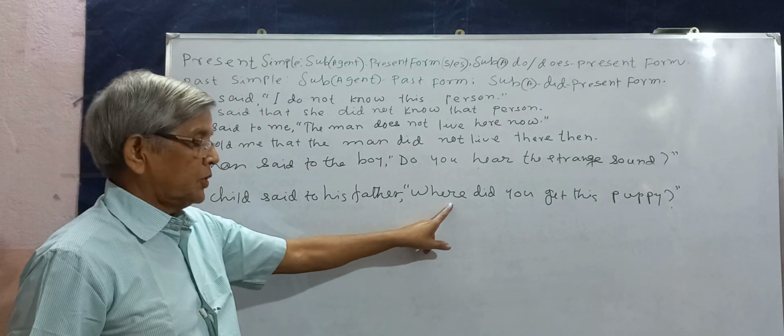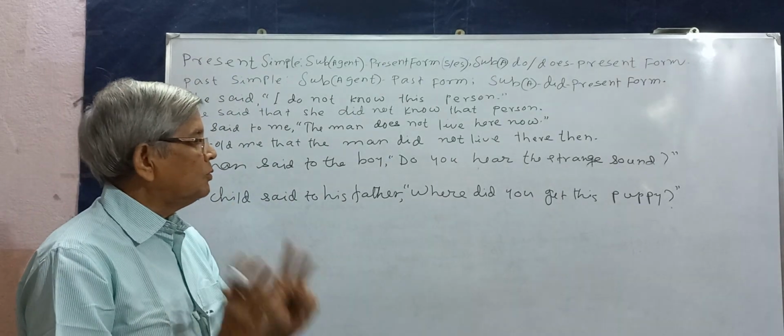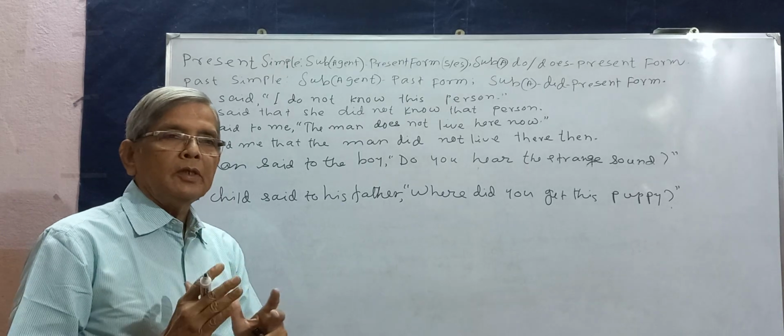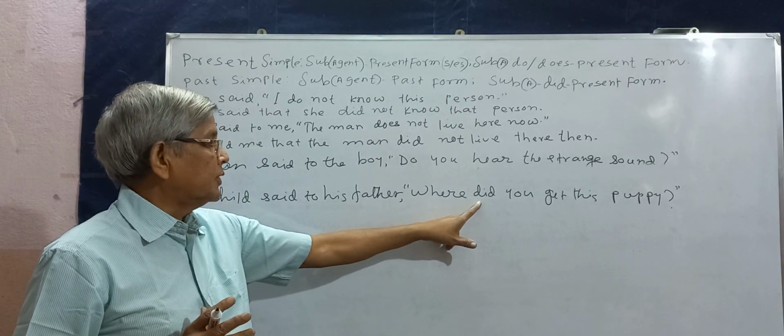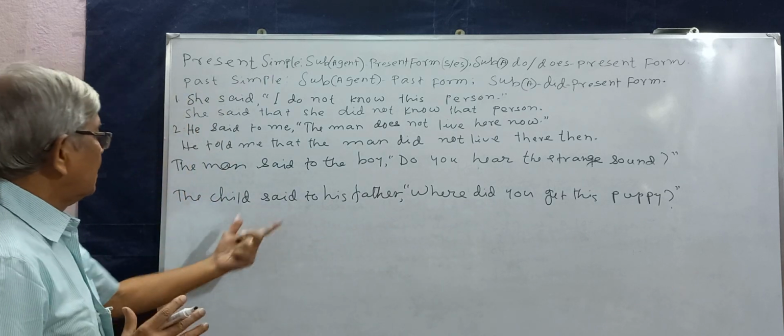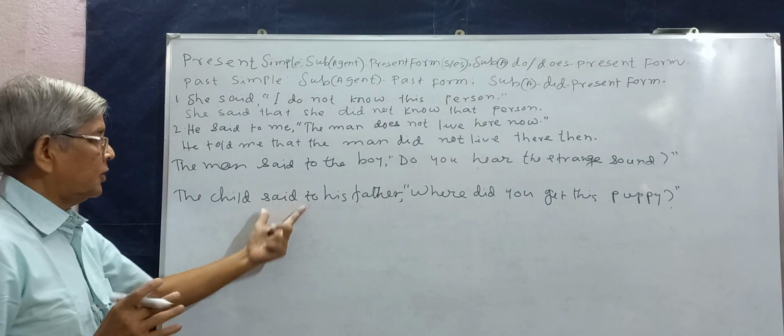It's a positive question. But if the question is a negative one, we have to do the same thing. We have to follow the same rule. That is, we must change the verb to the past perfect tense, provided the verb of reporting is in the past tense.